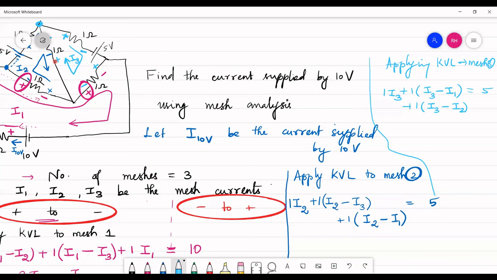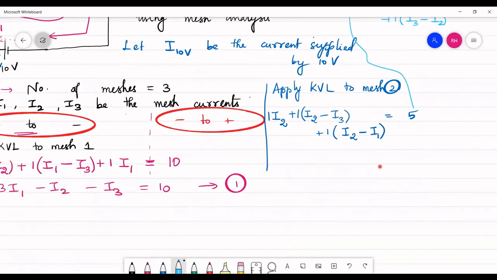So altogether we have three equations. Solving these three equations, you can use your calculator in equation mode, or apply Cramer's rule, or write the three equations in the form of a matrix and take an inverse. Thereby you have several methods to solve the equations, and solving them you could find the values of I1, I2 and I3.